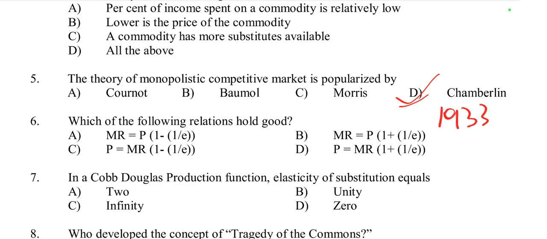He introduced the concept of a market structure where many firms sell differentiated products, each having some degree of market power but still facing competition from others. So this concept was popularized by Chamberlain.